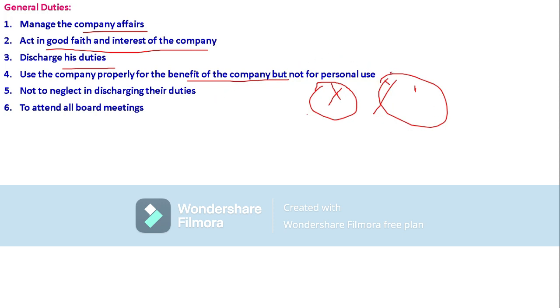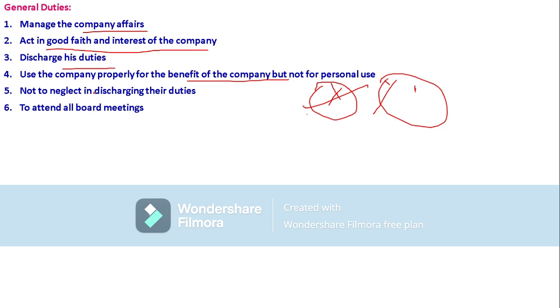But it is the duty of the director not to act according to personal benefit or personal use. He should go for X only, because X gives for 1 lakh rather than Y. Therefore, the director's duty is to work for the benefit of the company and not for personal use.